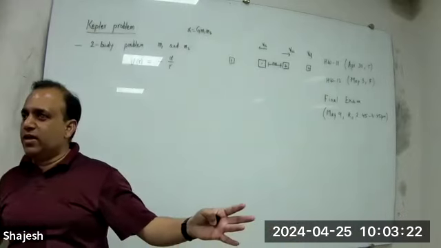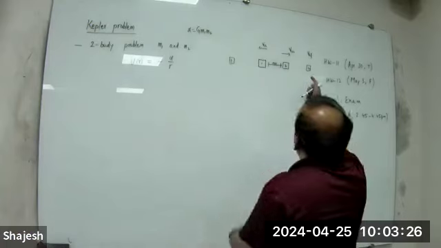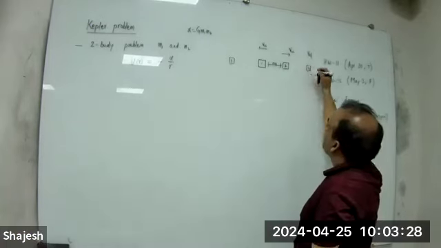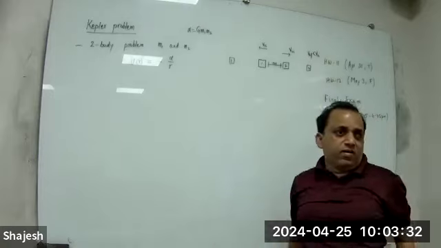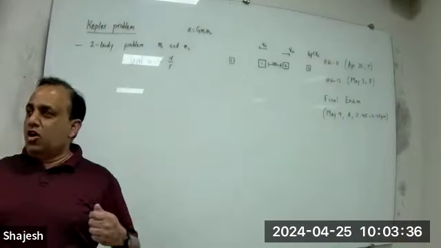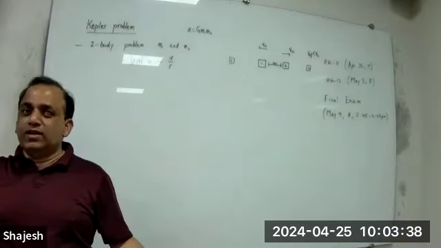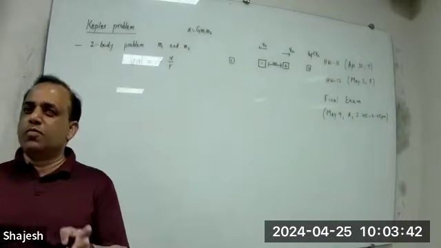So gravity is pulling it, so this is going to slow down. So this should be smaller.